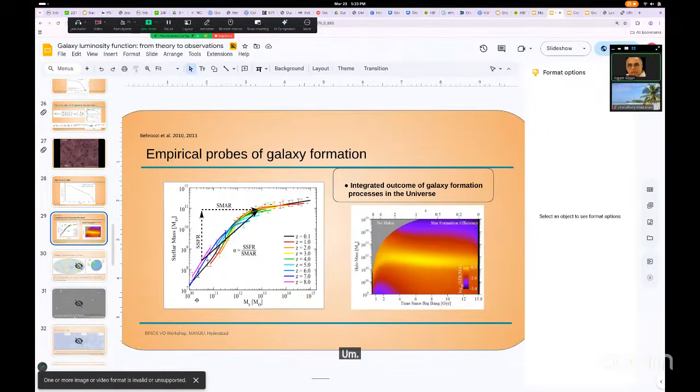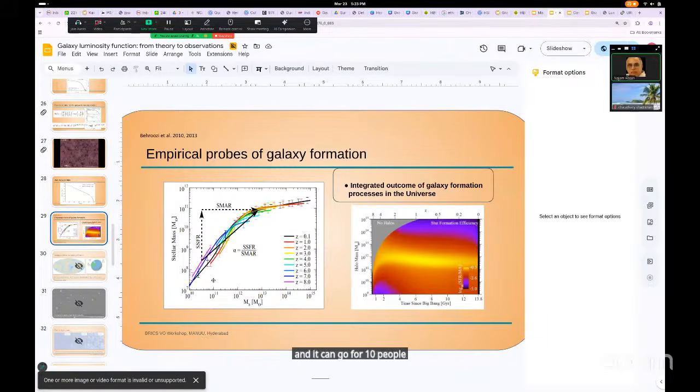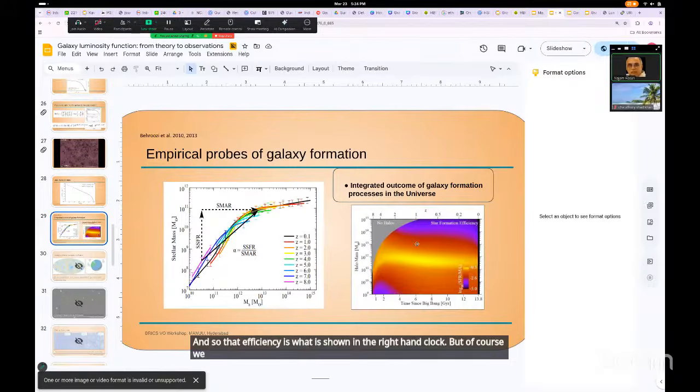Yes, so if you look at the luminosity versus halo mass, you will see that 10 to the 12 is where galaxy formation is most efficient. And if you go further below, then you don't see many galaxies forming. And so that efficiency is what is shown in the right hand plot. But of course, we don't have time to go into this right now.